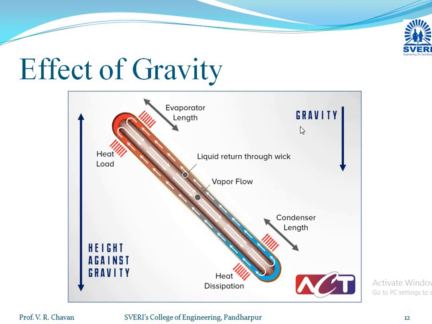Whereas if you raise the condenser side, more liquid will flow towards the evaporative section, so if you raise the condenser section against the gravity, then the performance of the heat pipe also increases.